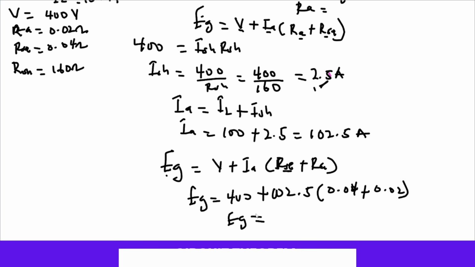Let me do it with my calculator. 102.5 multiplied by 0.04 plus 0.02 will give us 6.15. So this is the same as 400 plus 6.15.